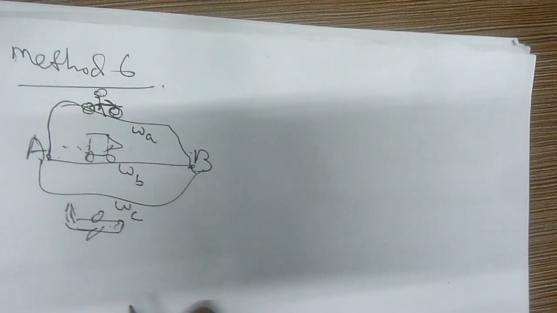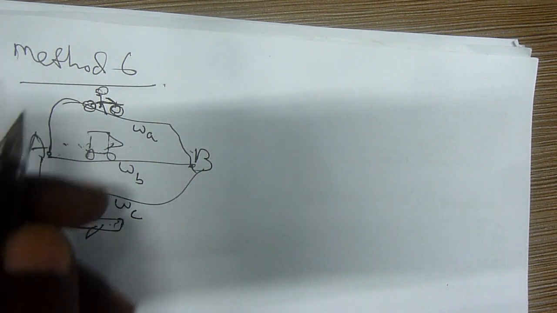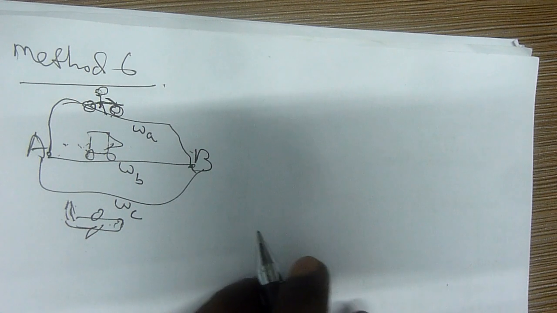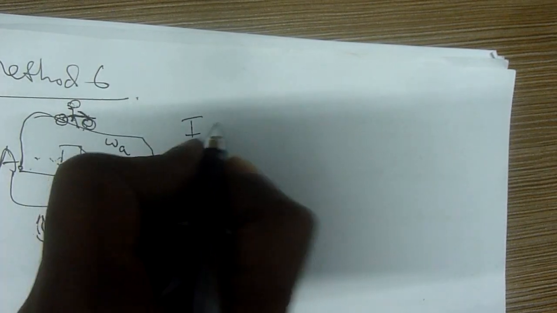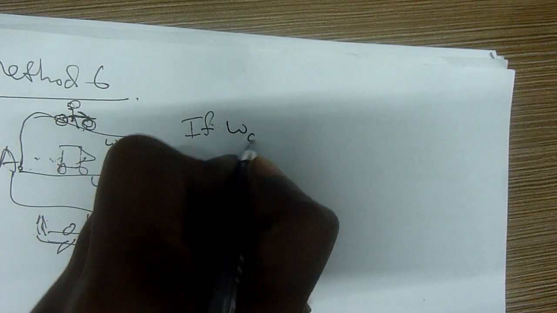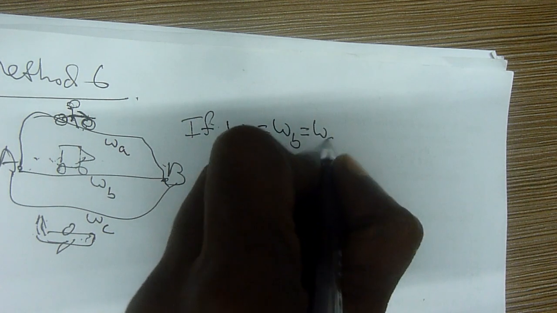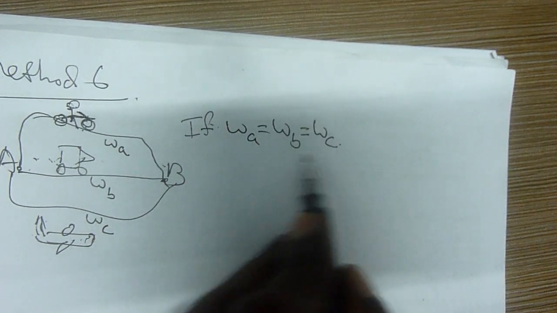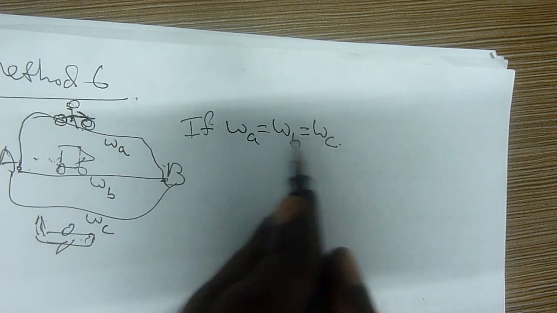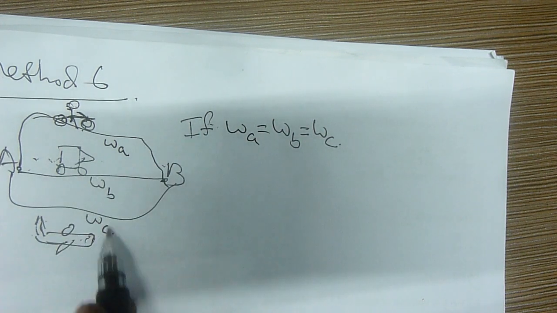There is one condition. I may use a cycle, or I walk, or whatever; it shouldn't be a problem. If work A equals work B equals work C, then if that is possible, we can calculate this and find out the work is equivalent.